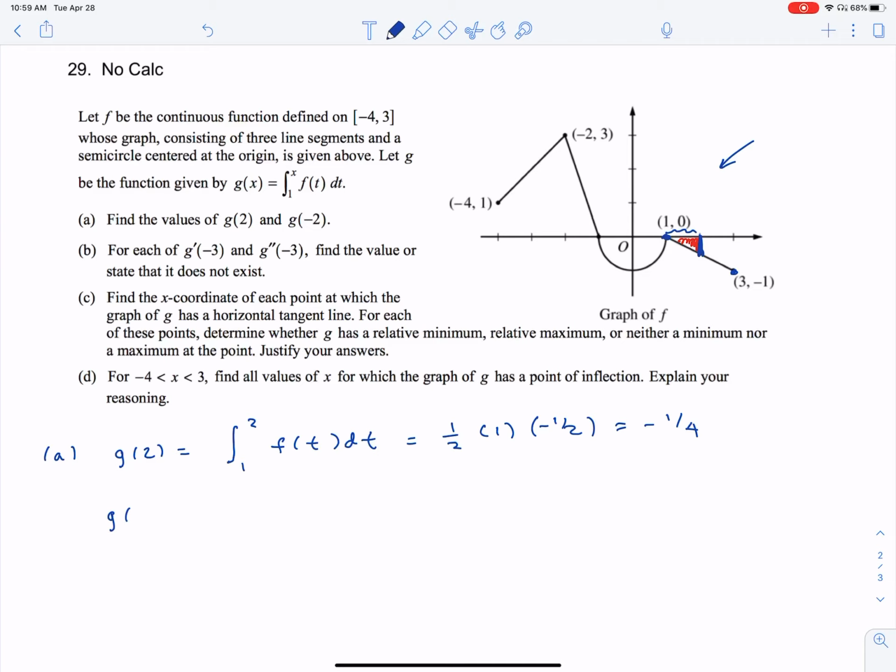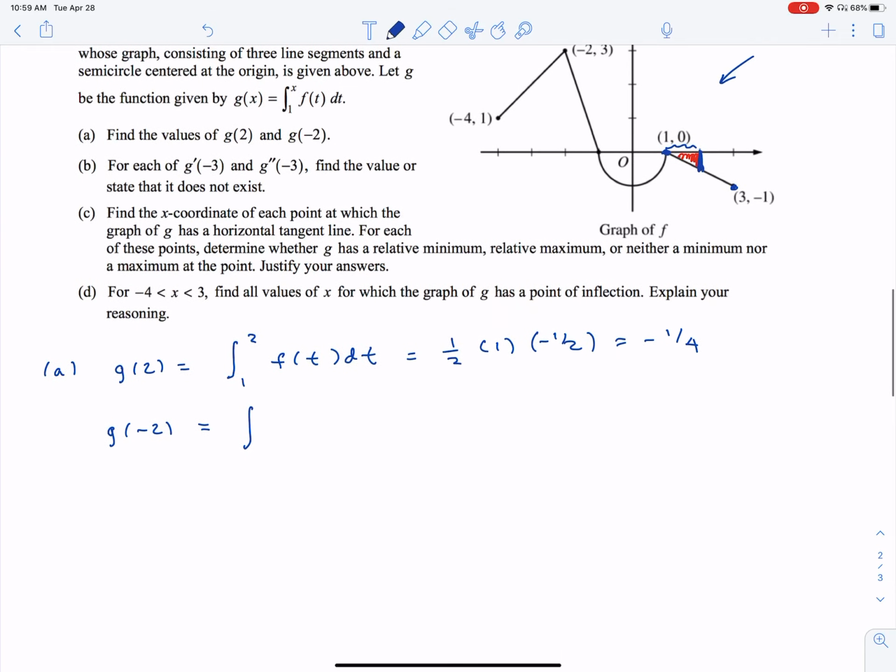So g of negative 2, very similar, is going to be equal to the definite integral from 1 to negative 2 of f of t dt, which I'm going to use our properties to flip those limits of integration. So we go from least to greatest. And in order to do that right, I have to make it negative.